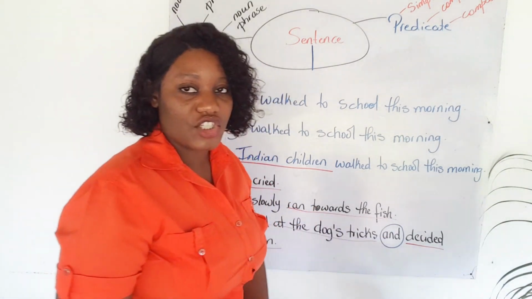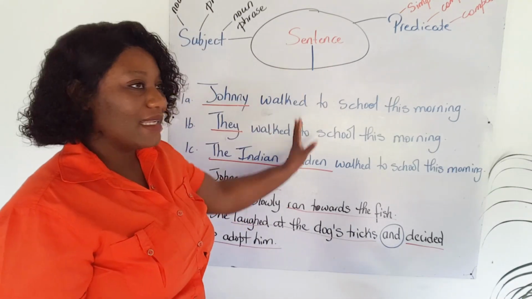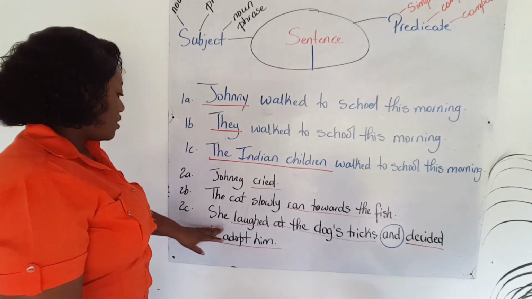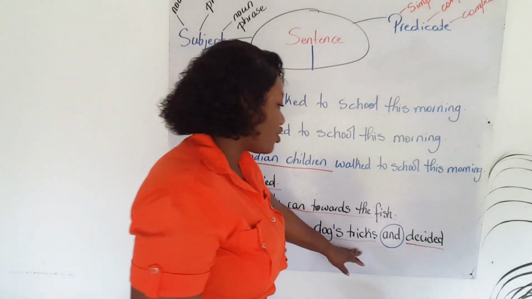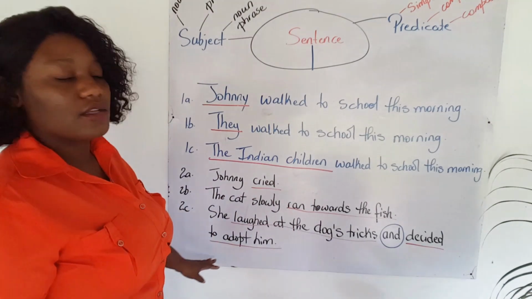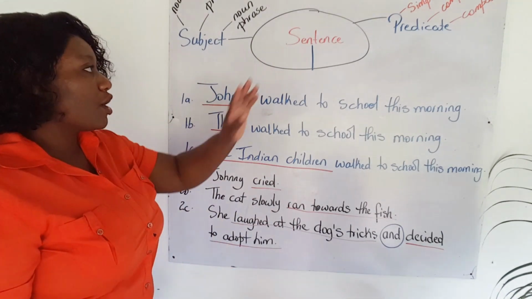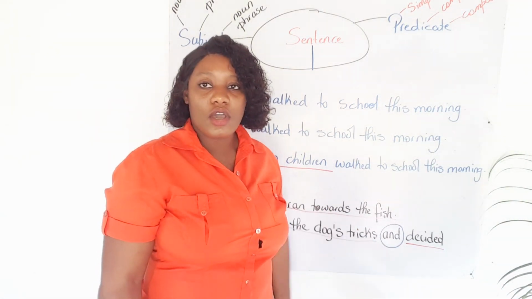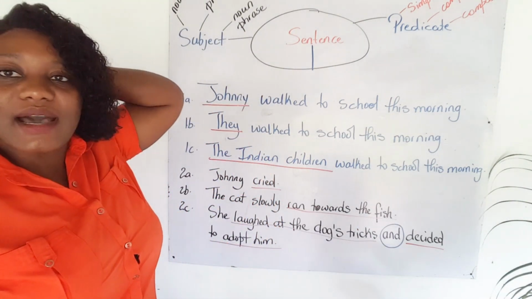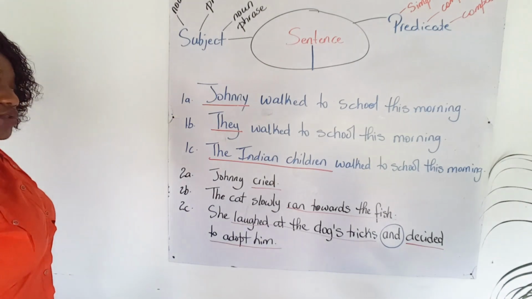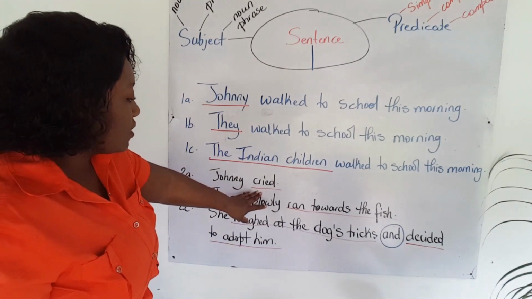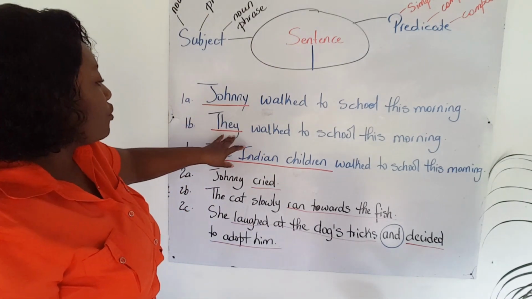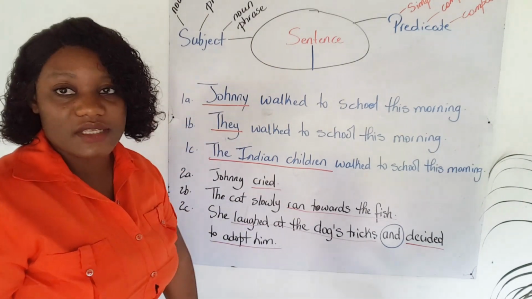Ran towards the fish is our complete predicate. She laughed at the dog's tricks and decided to adopt him. Our compound predicate is made compound by the conjunction and. All right, so simple, complete, compound. Noun, pronoun, noun phrase.